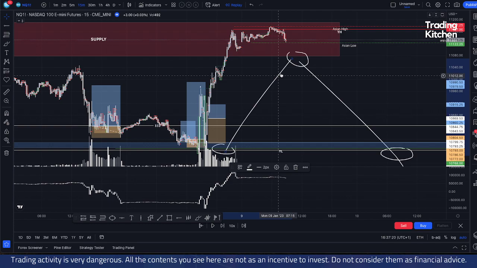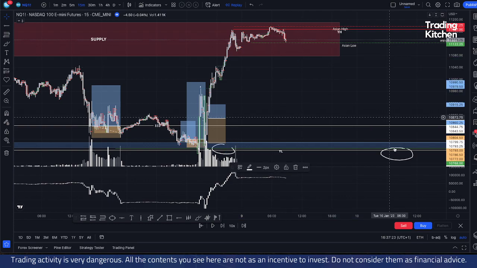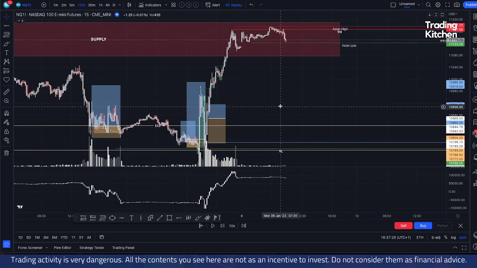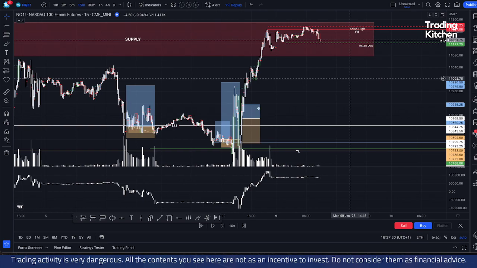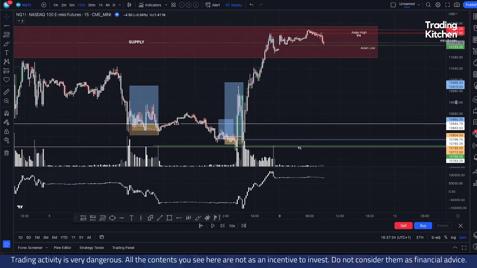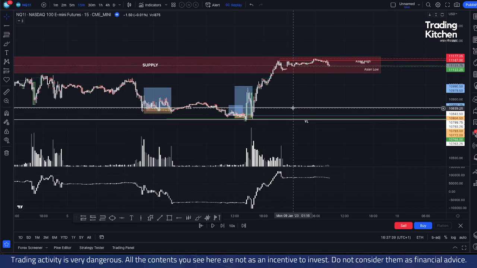Okay, so let's remove this, and what I try to answer for myself is: is there any zone from which price could react? Is there any untested POC?